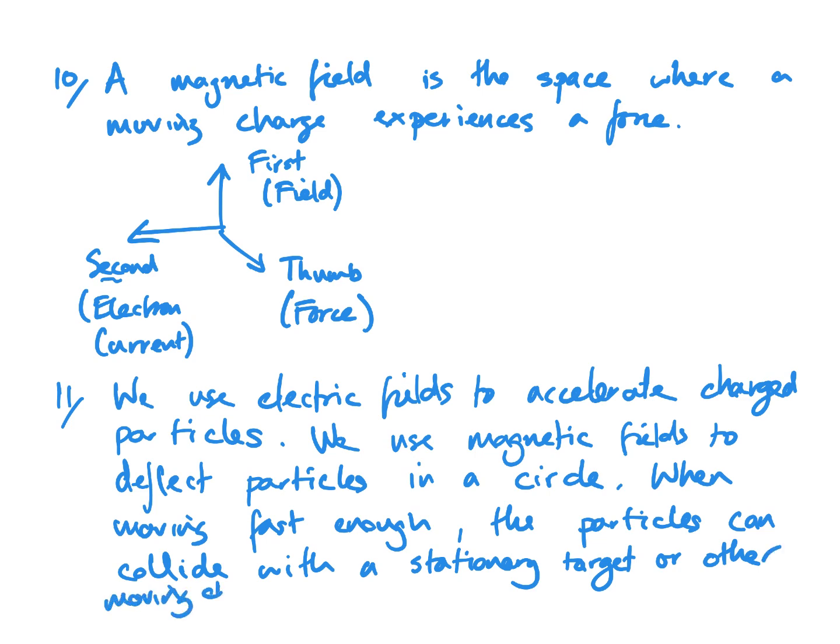Head-on collisions are good because they give you maximum energy. If you've got two objects moving directly towards each other, it'll give you the maximum energy of collision. And I'll just show you a rough schematic of that sort of idea over the page.